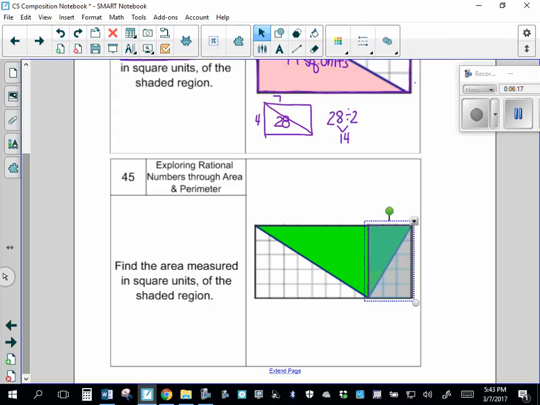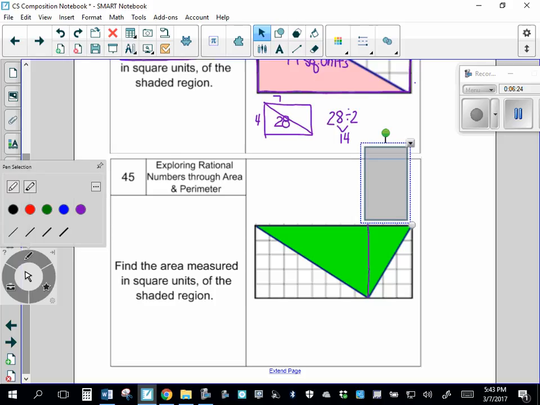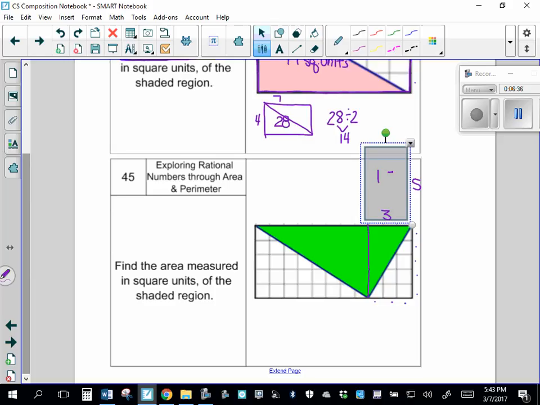And so if you just think about that rectangle right there, it's 3 units, because down here you can see it's 3 units by 1, 2, 3, 4, 5 units. So that rectangle is 15 units. And if I divide 15 by 2, I get 7.5 units. So the top part's 7.5 and the bottom part's 7.5.